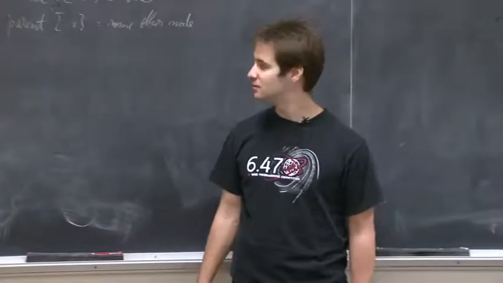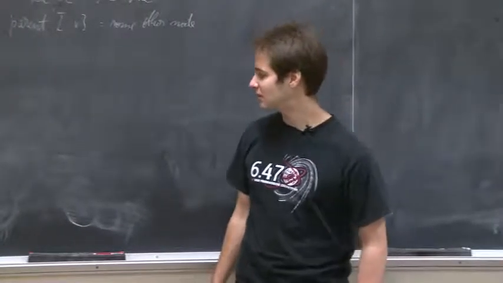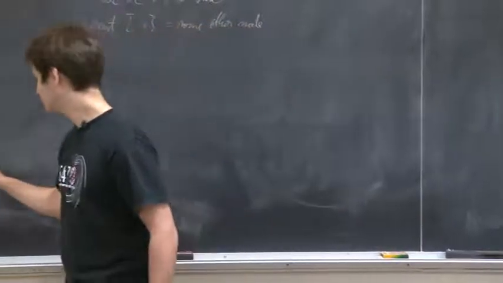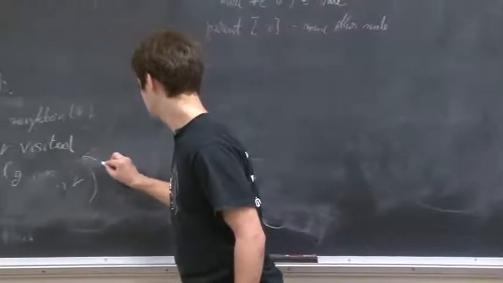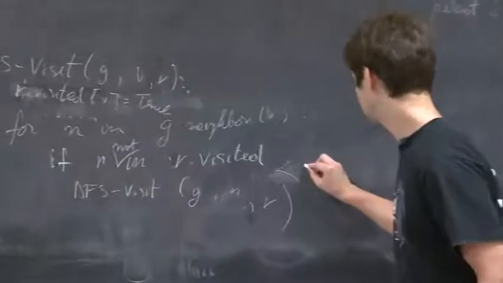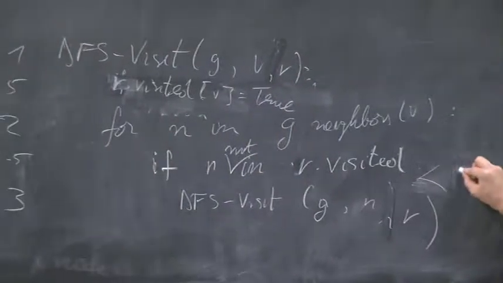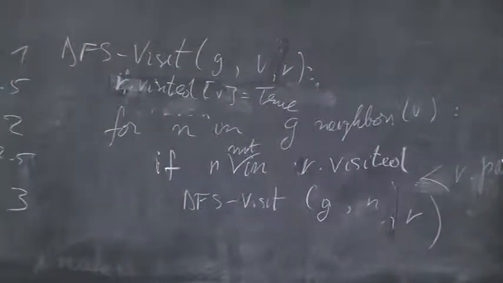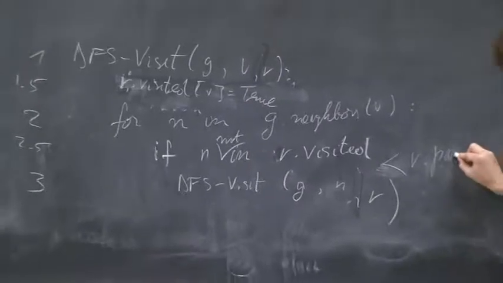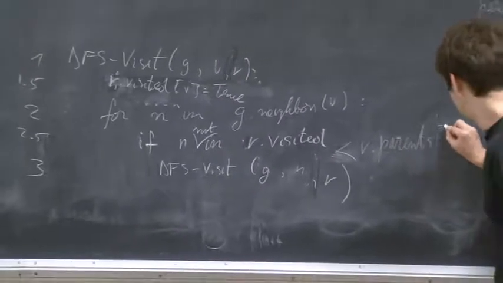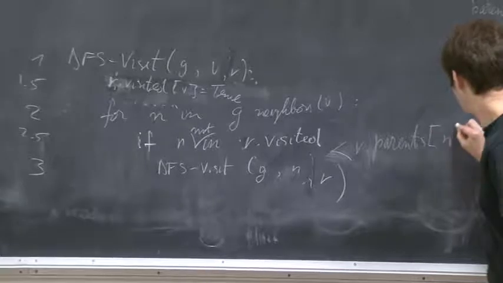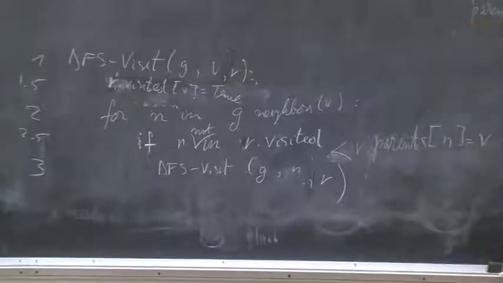Stick a line in at 2.75. Establish V as the parent of N. So r dot parent of N is V. Good.